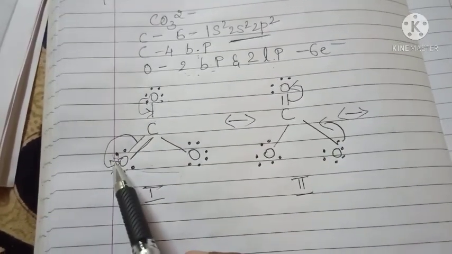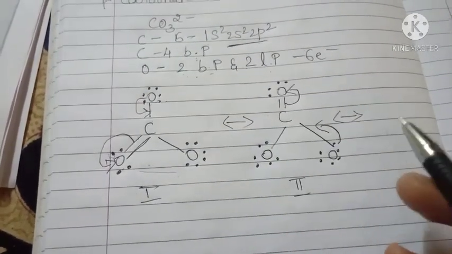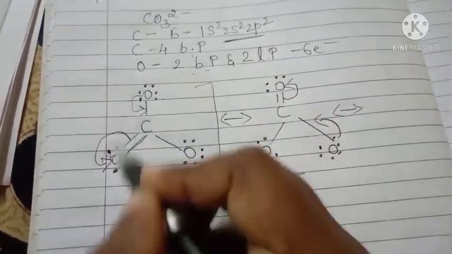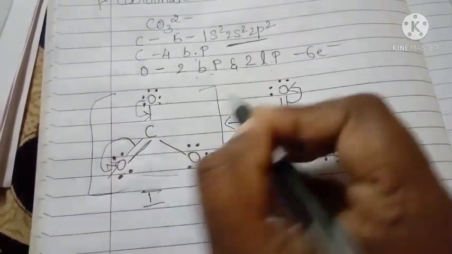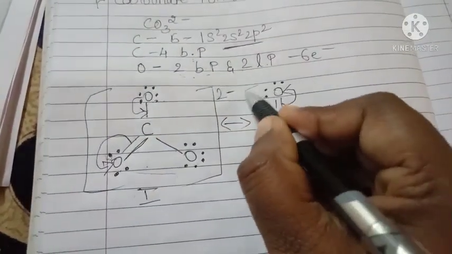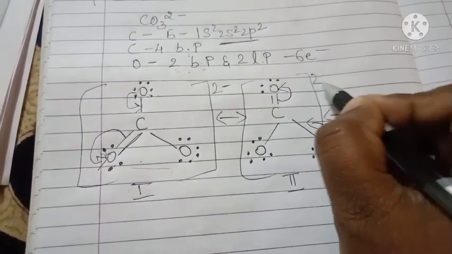Okay, this is the one cycle and this will be the second cycle. Okay, then you have to write a 2 minus. Here I am giving CO3 2 minus, so that's why you have to write CO3 2 minus.